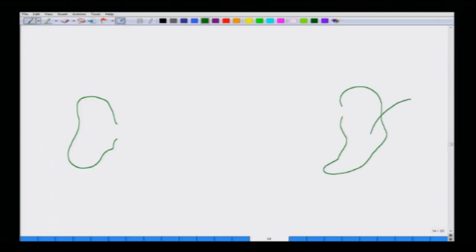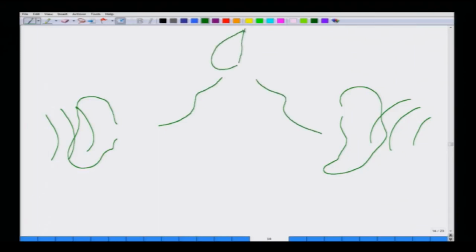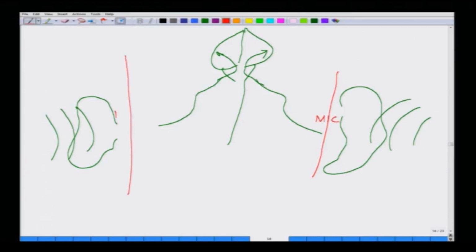Sound waves are coming, but in some way or other the signal is not reaching the brain for some reason. Technically it was supposed to reach like this, which is not happening. So, one of the options is that you replace this ear with, say, a mic. And you interface electrodes to the vestibulocochlear nerves, which I just talked about in the previous slide.